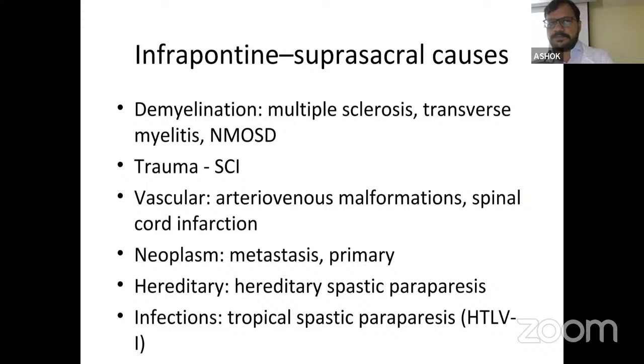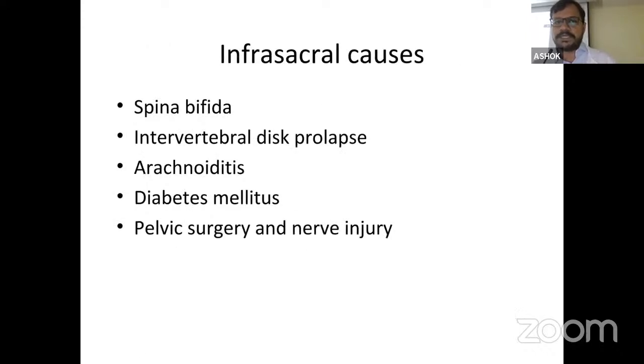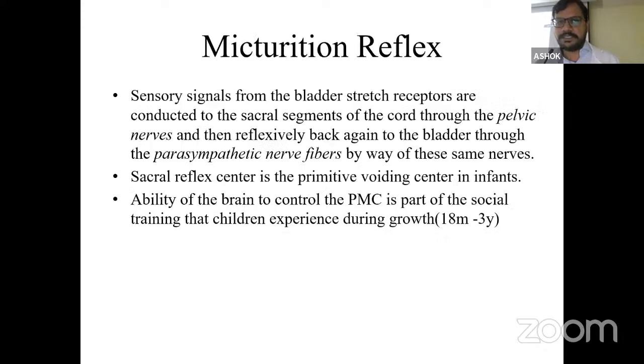Infrapontine causes: demyelination, multiple sclerosis, transverse myelitis, NMOSD, trauma, spinal cord injury, vascular causes such as arteriovenous malformation and spinal cord infarction, neoplasm, metastasis or primary, hereditary spastic paraparesis, infection such as HTLV-1. Intrasacral causes: spina bifida, intervertebral disc prolapse, arachnoiditis, diabetes mellitus, pelvic surgery with nerve injury.